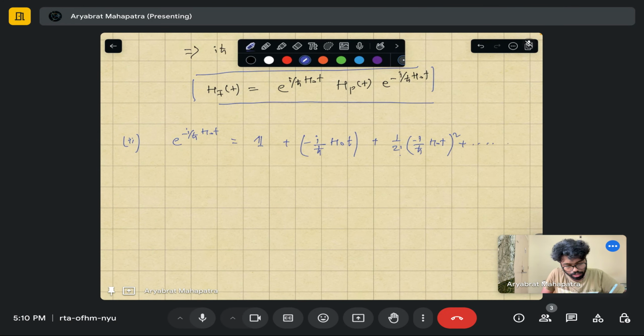This is the normal expansion of e to the power a: 1 plus a plus a squared by 2 factorial, like that.